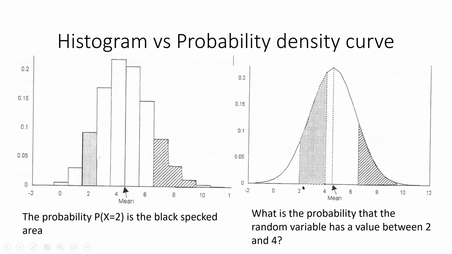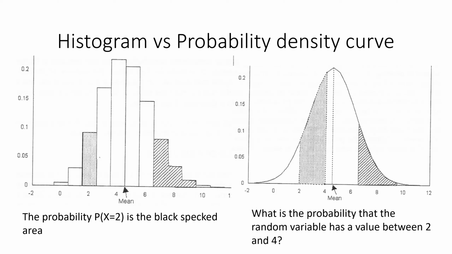The width of the bar above 2 is infinitely thin, so basically the area of that bar is 0. So when we're talking about a continuous random variable, the probability that x equals exactly 2 is gonna equal 0. So this question will not make sense.